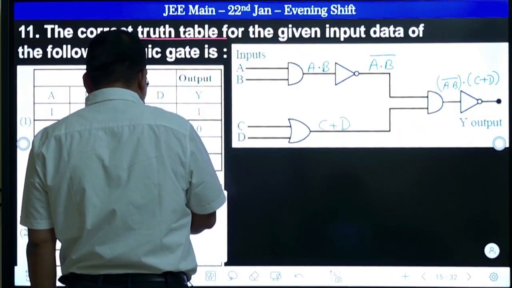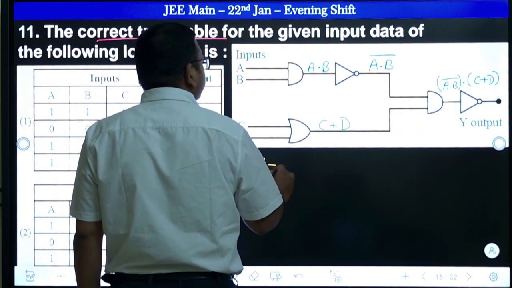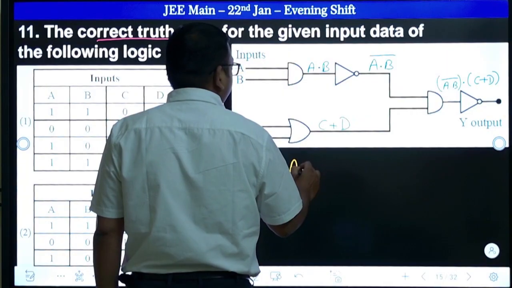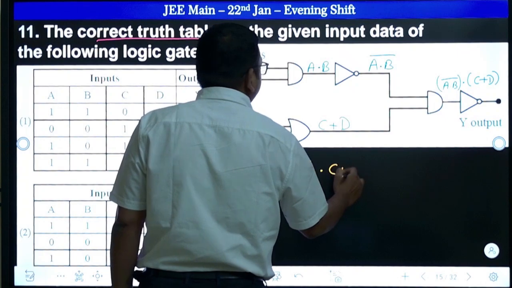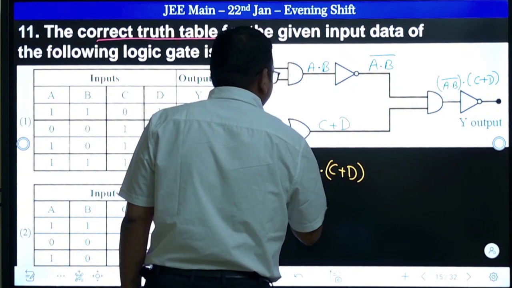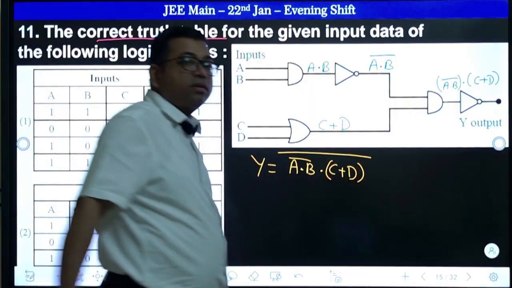So what is the output? Output y should be A dot B bar, C plus D. We have to put a bar over this.